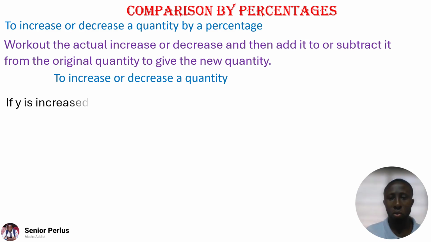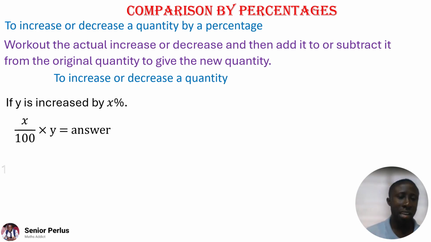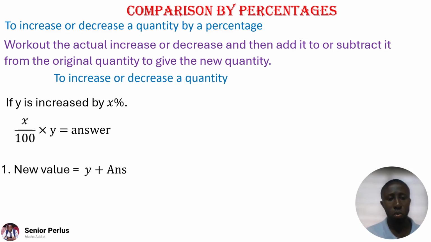Very easy. To increase or decrease a quantity, if y is increased by s%, that's s out of 100 times y, you get the answer. Then since it's increased, you just add the answer to the original one to get the new value.